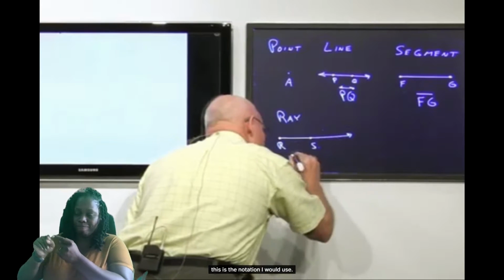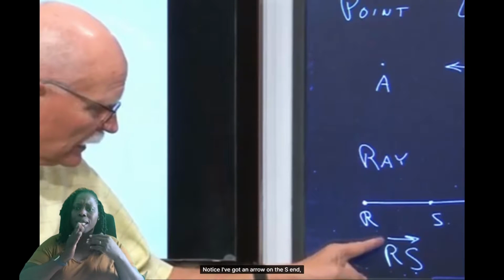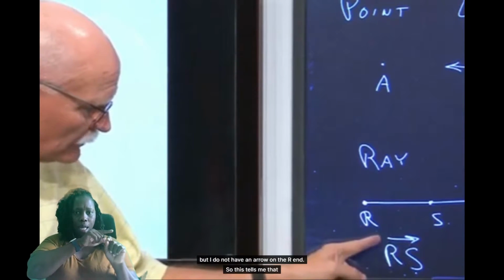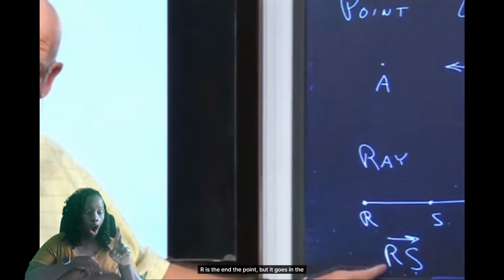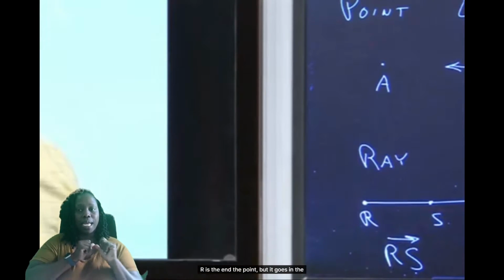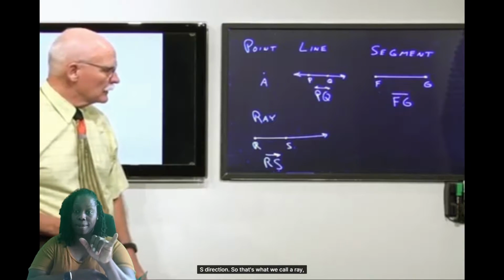So this is the notation I would use. Okay? Notice I've got an arrow on the S end, but I do not have an arrow on the R end. So this tells me that R is the endpoint, but it goes in the S direction. So that's what we call a ray.